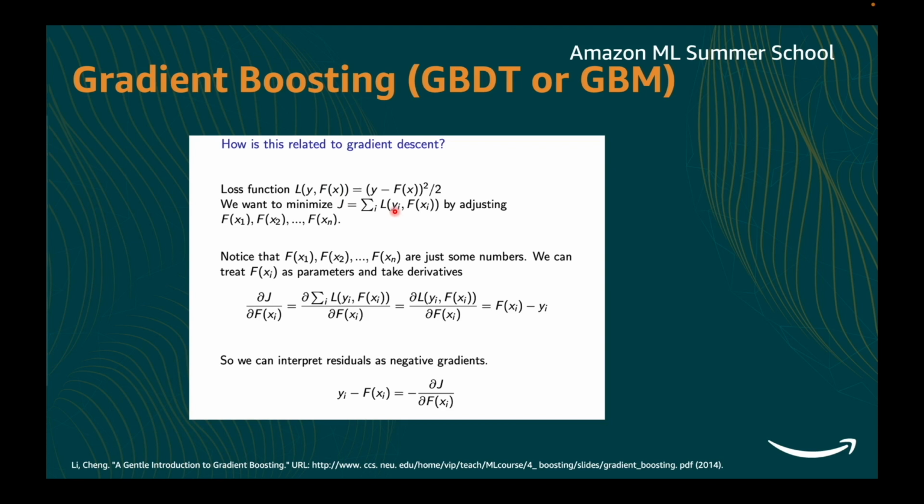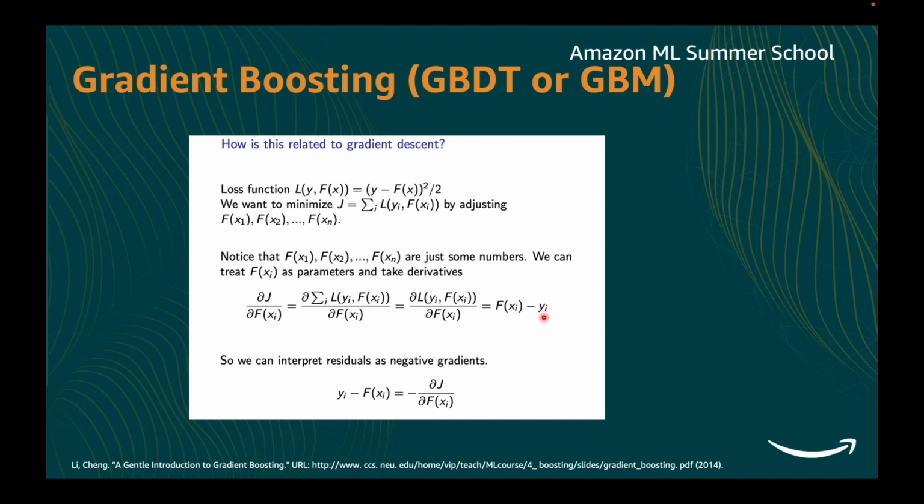So what is the derivative of J, which is your total squared loss, with respect to each of your data points, each of the outputs of your function f, rather the predictions of your function f? If you calculate that and you work it out over here, it turns out it's actually the residual. So the gradient over here is actually just your residual, right? Just your prediction minus your true value y1.